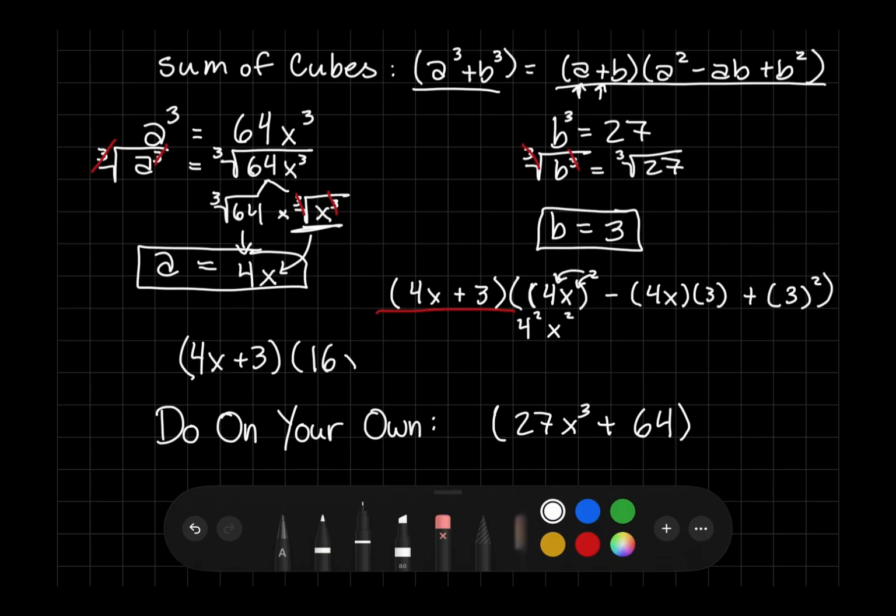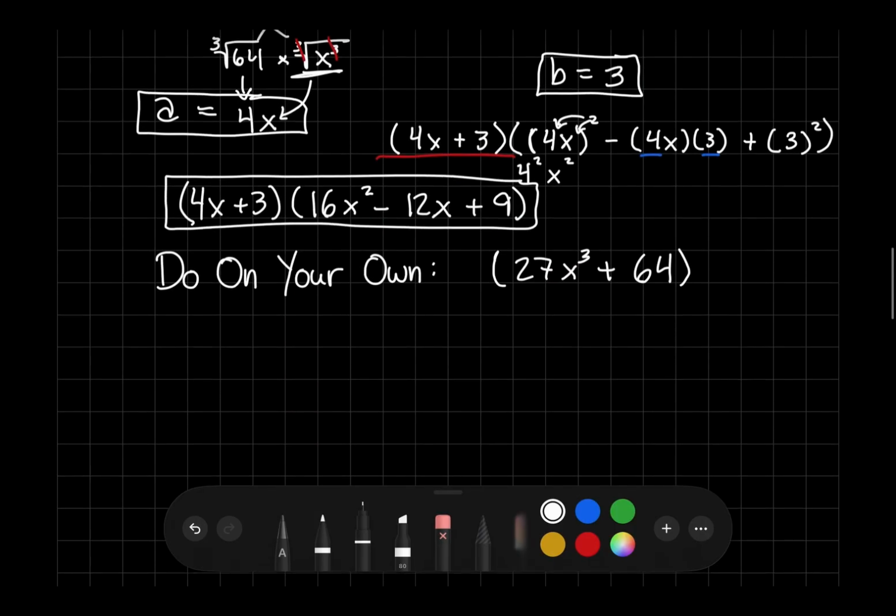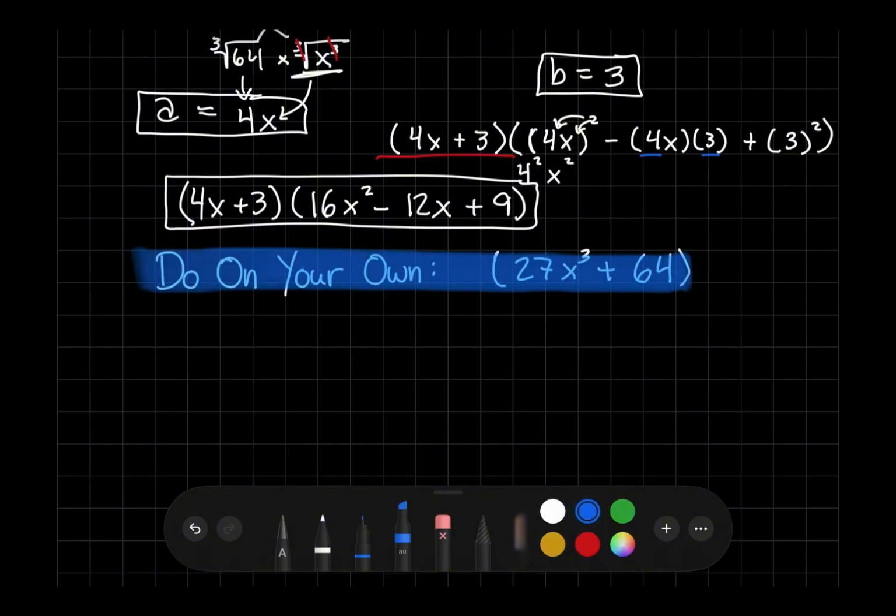X squared stays just x squared, minus 4 times 3, dealing with 12. Don't forget to bring your x back, plus 3 squared, which is 9 by itself. All right, here's another do on your own. Once again, it will be in the description.